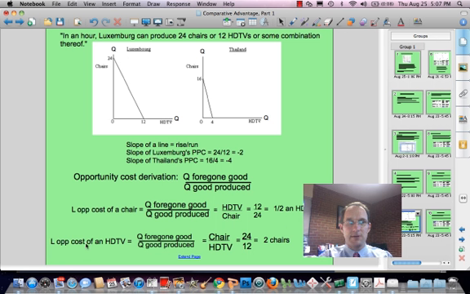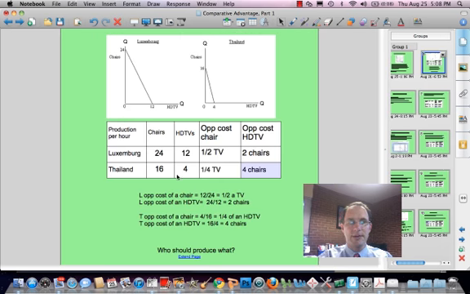In Luxembourg, the opportunity cost of an HD TV, again quantity of foregone good over quantity of good produced, is going to be the inverse of this number because we're talking about HD TV instead of the chair. So in this case, the foregone good is the chair, the product produced is the HD TV: 24 over 12 equals 2 chairs. We can start building a table now to see what the opportunity costs are for both countries for both products.